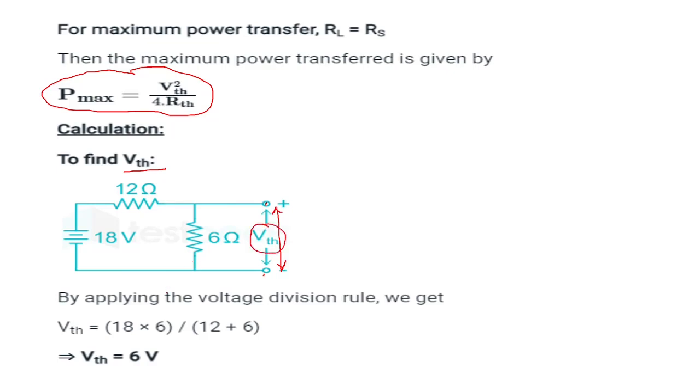Now here, by applying the voltage division rule, we get 18 volt upon 12 plus 6 ohms into 6 ohms. So this is nothing but 6 volt. So VTH, that is the Thevenin's voltage, is 6 volt.